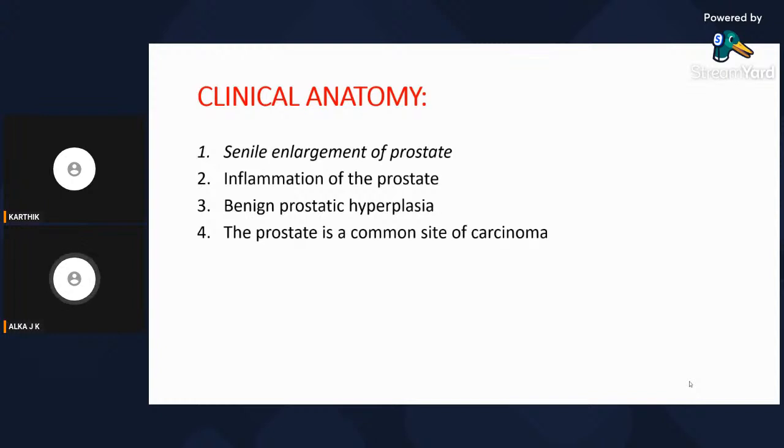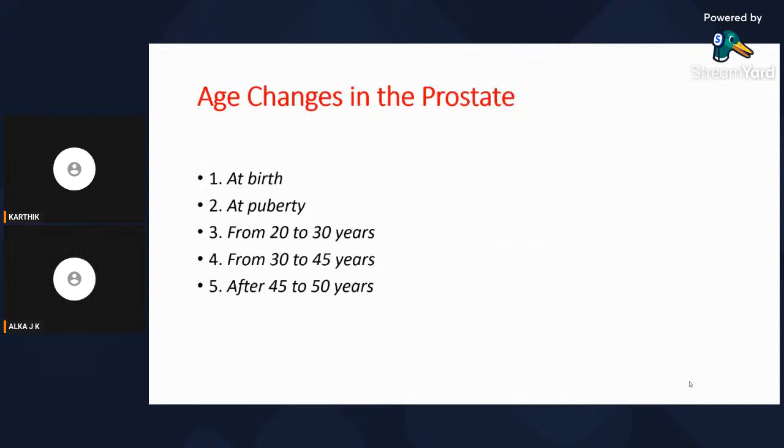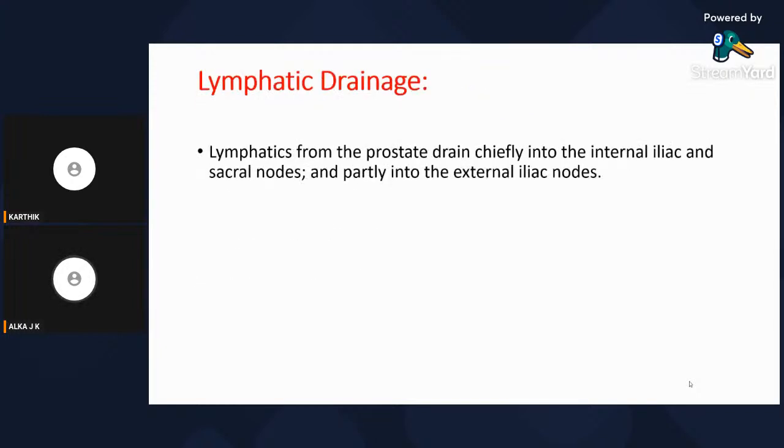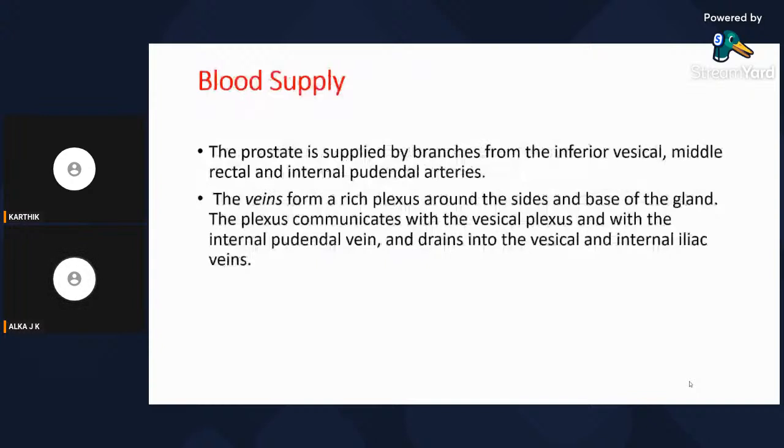It usually occurs after the age of 50 to 55 years, and in addition to urinary obstruction, it causes pain in the perineum. In the previous slide I told you that veins form a rich plexus around the sides and base of the gland. The plexus communicates with the vesical plexus and the internal vertebral venous plexus, and drains into vesical and internal iliac veins.